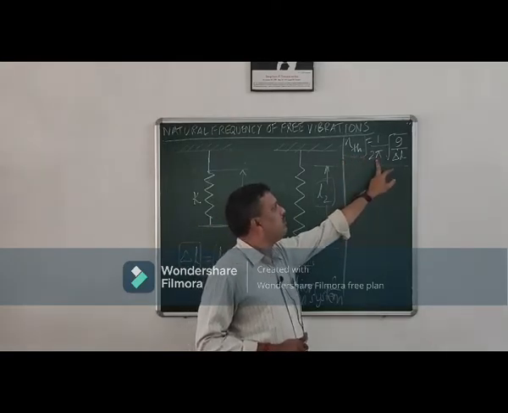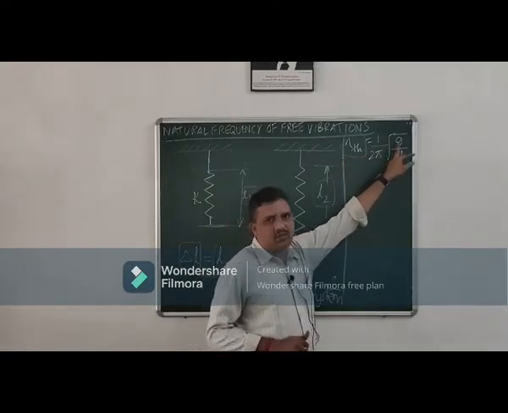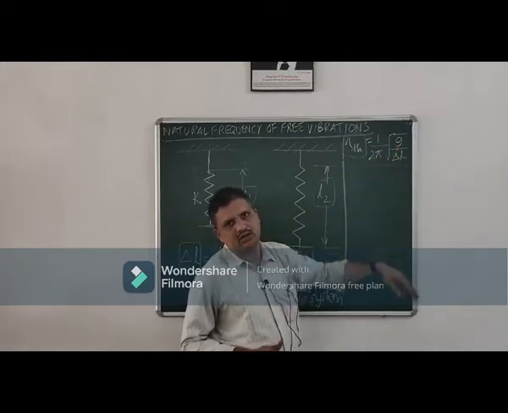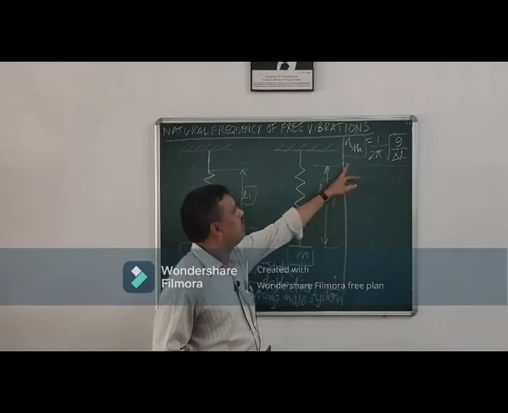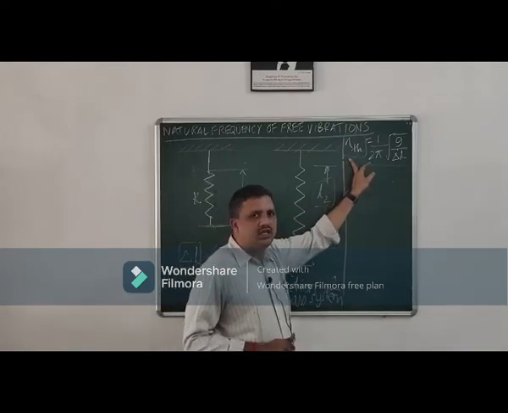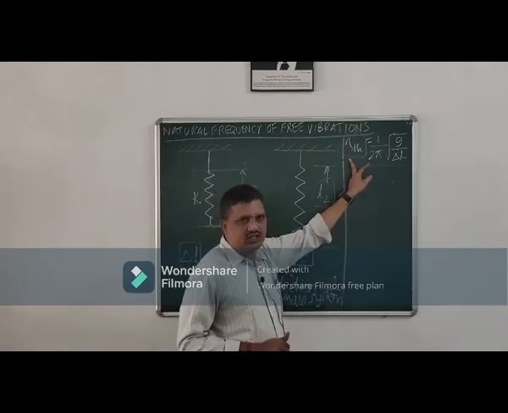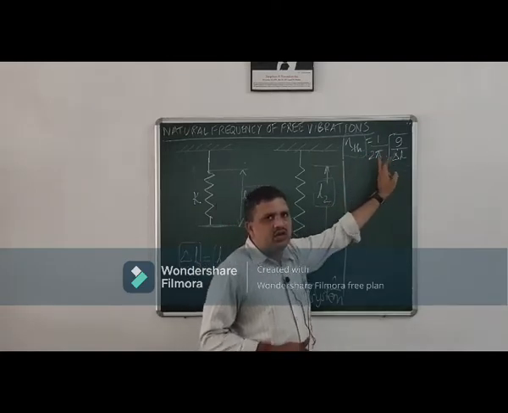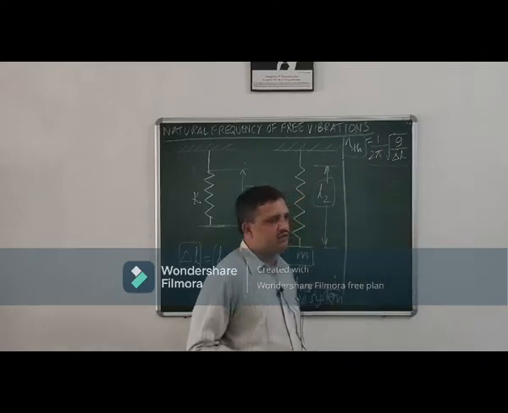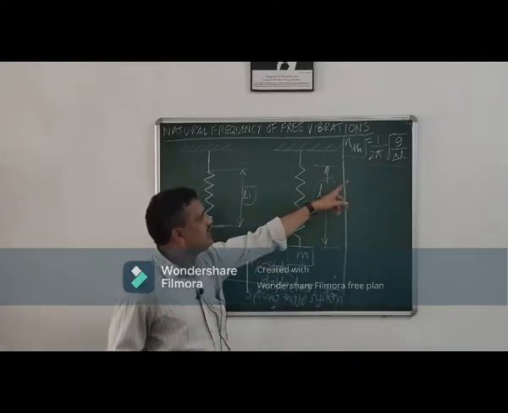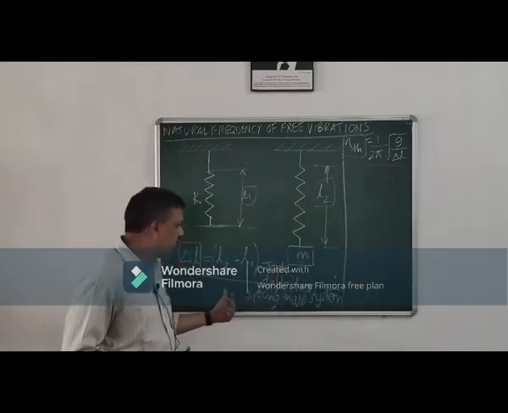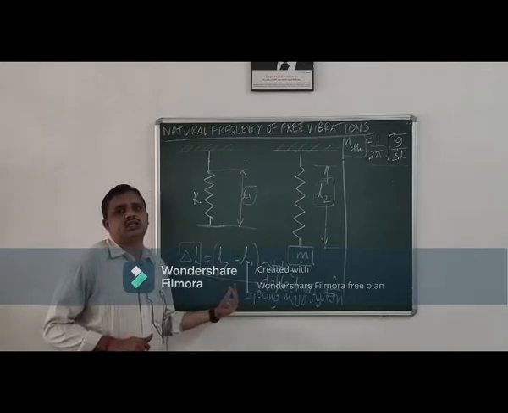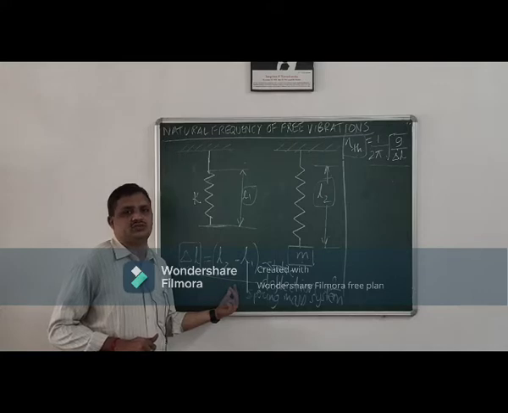Sorry, I mean to say the theoretical natural frequency is equal to 1 by 2 pi multiplied by root over g by delta L. This delta L is nothing but the static deflection, which we are going to find out by means of the experimental demonstration in the next session.